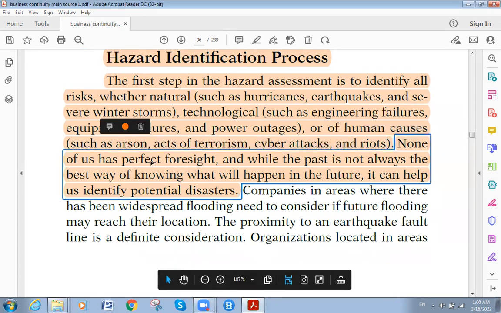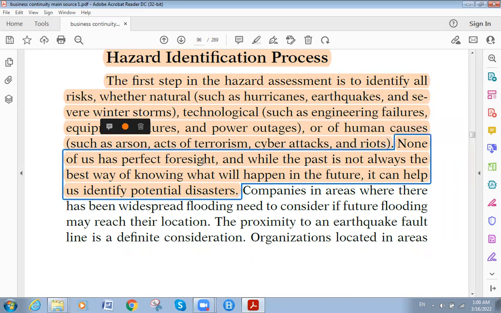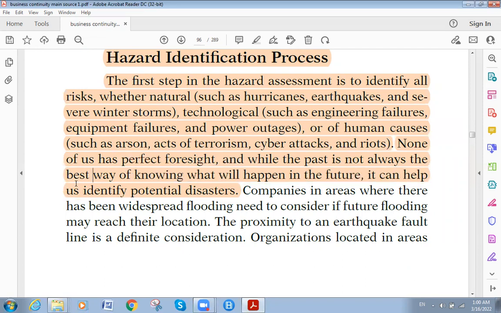None of us has perfect foresight. We never have exactly accurate predictions. And while the past is not always the best way of knowing what will happen in the future, it can help us identify potential disasters.